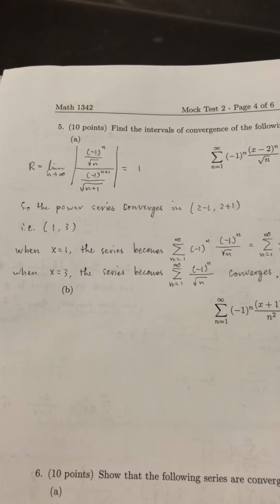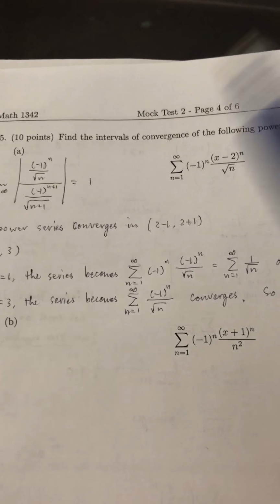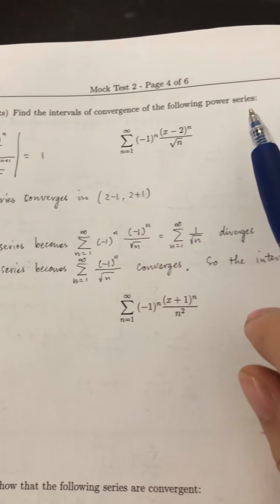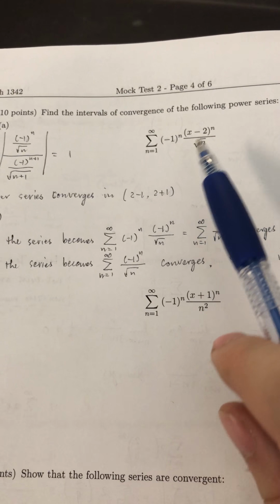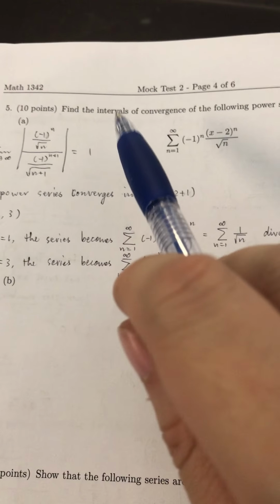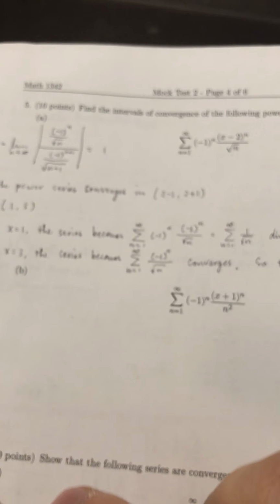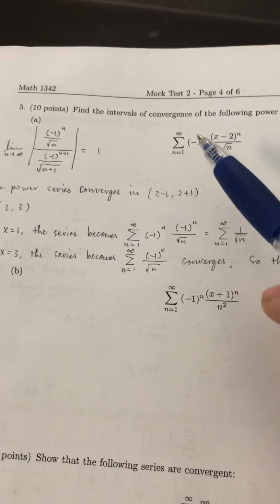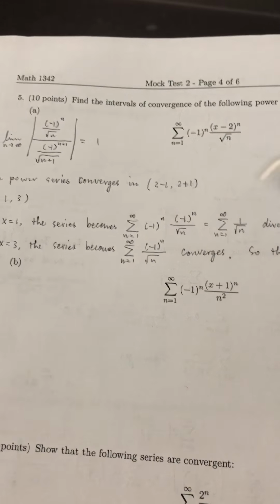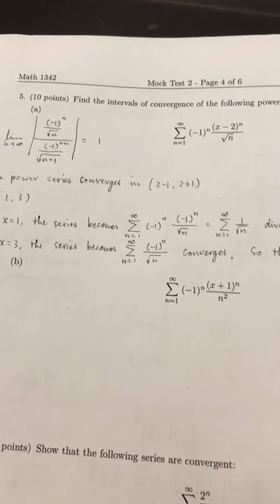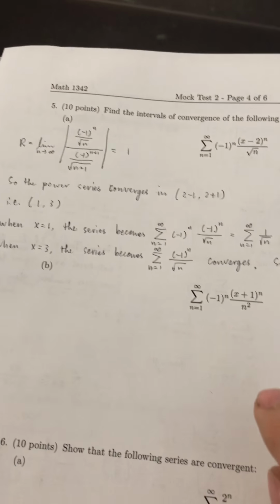Okay, number 5. Find the interval of convergence of the following power series. This question is kind of the same as finding the radius of convergence, except that for this one we need to check the boundary points.